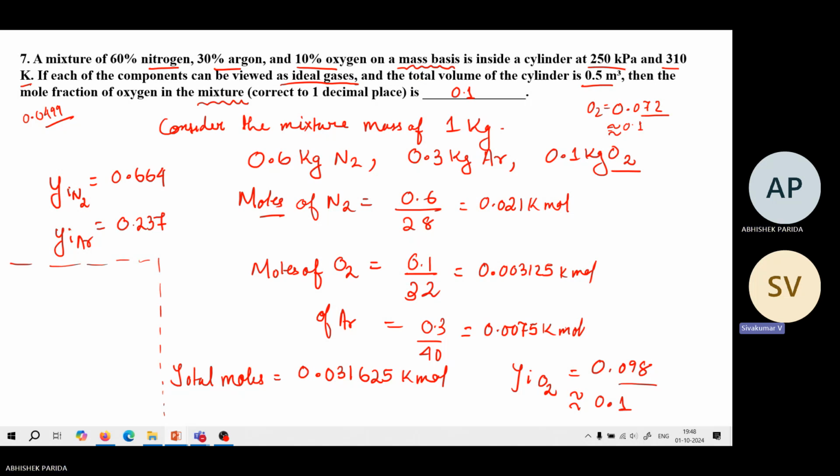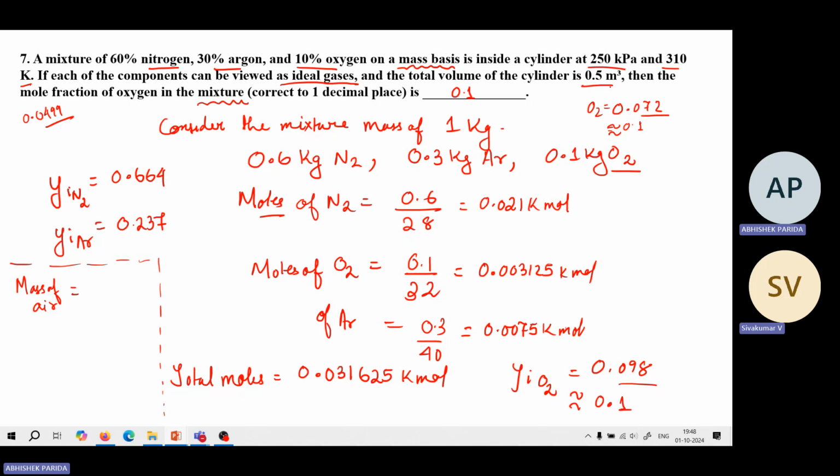Okay, fine, sir. So let us start by calculating the mass of air. We calculate by that. But the problem is that in that approach, we don't have the R value.